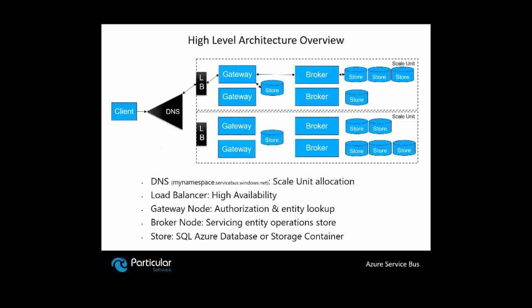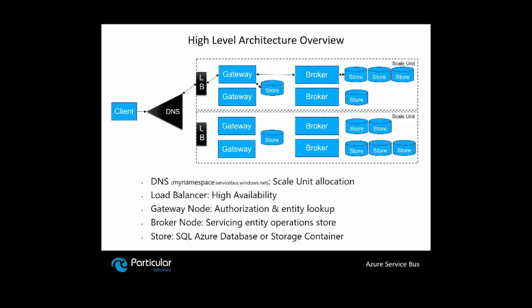Now, in order to do that, the Azure Service Bus service itself has an internal architecture which is geared towards it. So if you look at the diagram in front of you, you see a client which is making an outbound connection to the service.